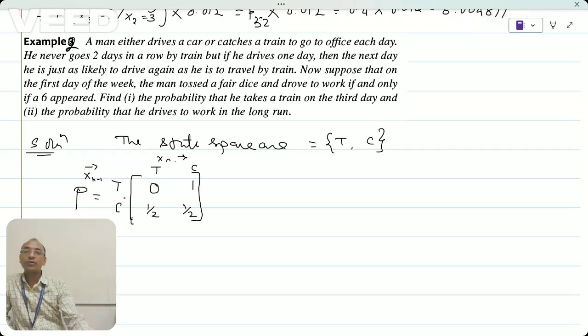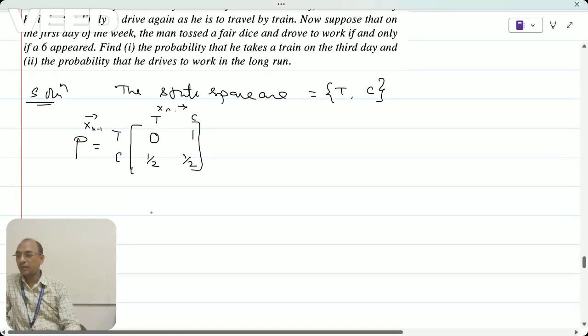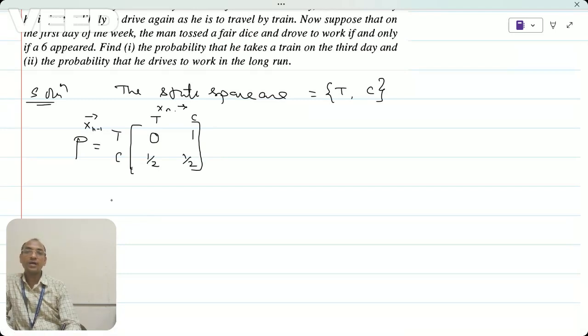Now what will be my initial probability? So we know that he tossed a fair die. We have 6 faces in a die, and if it is a fair die, the probability of outcome of each face is equal.